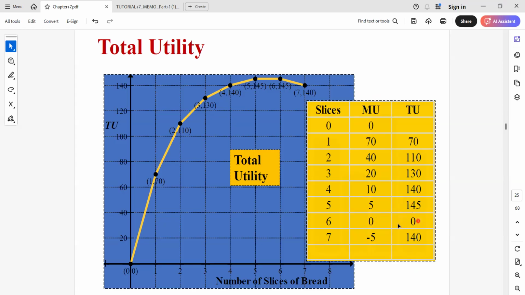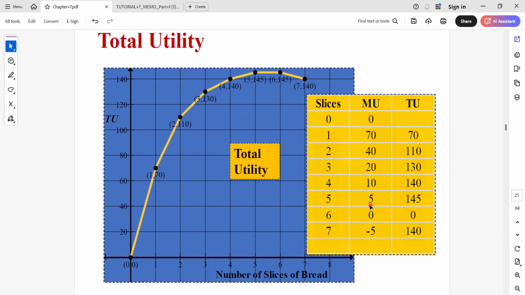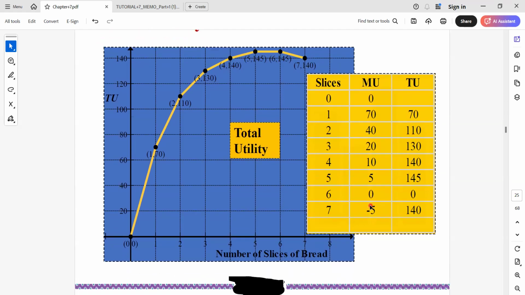Yeah, when your marginal utility is 0, your total utility is not at maximum, it's just 0. It starts to go down, but it's at maximum here, where your total utility is 145 and your marginal utility is 5. So don't cram, guys.